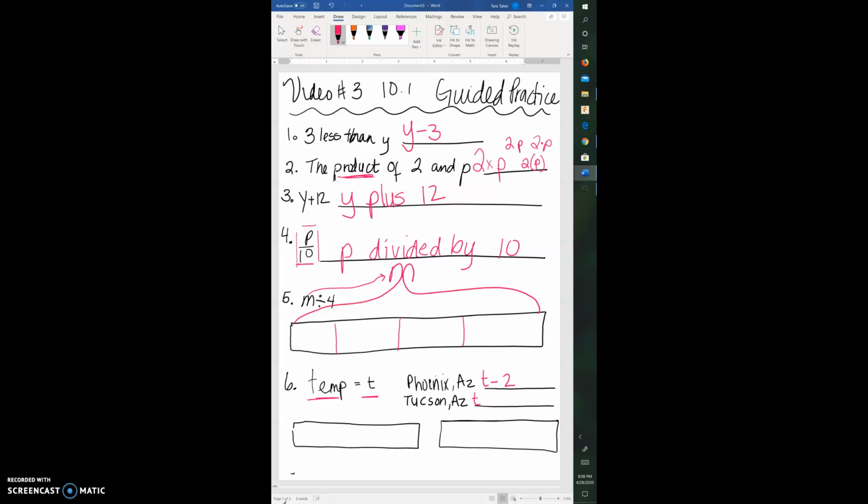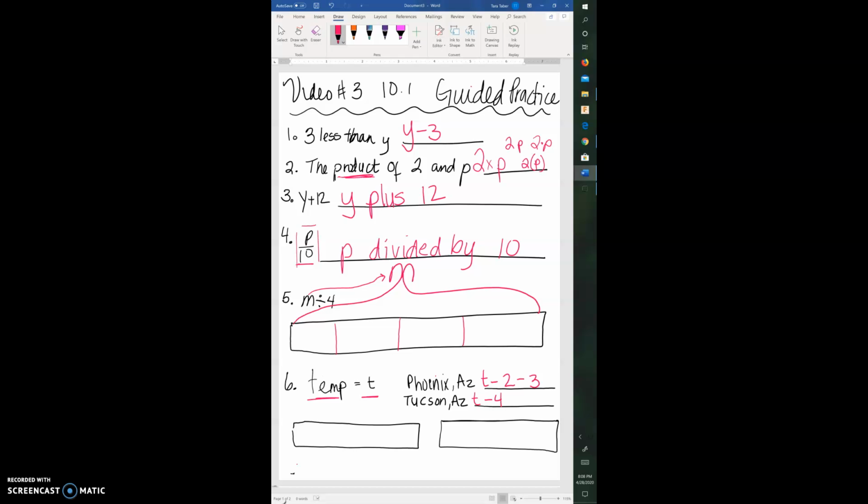And then in Tucson, it dropped 4 degrees, so I'm subtracting 4 degrees from Tucson. And then by 11 p.m., the temperature in Phoenix dropped another 3 degrees. So I'm going to take off another 3, but it didn't say anything about Tucson, so I'm going to leave it alone. Those are the equations that we need to do.